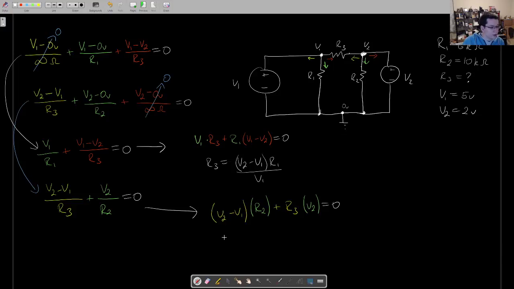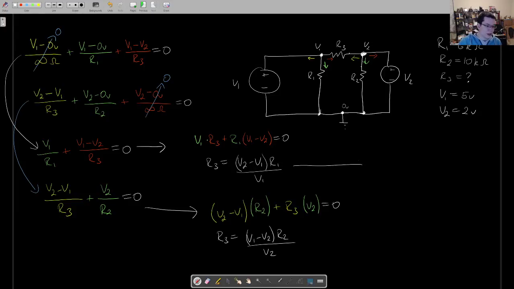Then we're going to do R3 equals V1 minus V2 times R2 divided by V2.